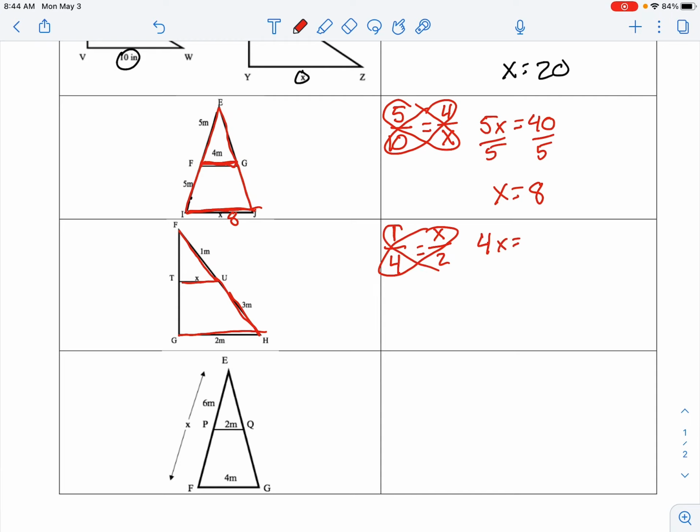So 4x equals 1 times 2 is 2. Divide by 4, divide by 4, and x is going to equal, well, that reduced will be 1/2.